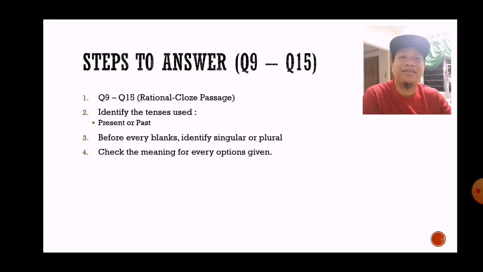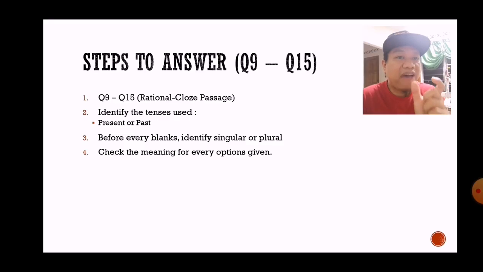So you identify first. Next, as I mentioned early in my presentation, how many blanks, if you still remember? Okay, 7 blanks. So there are 7 blanks in the text.